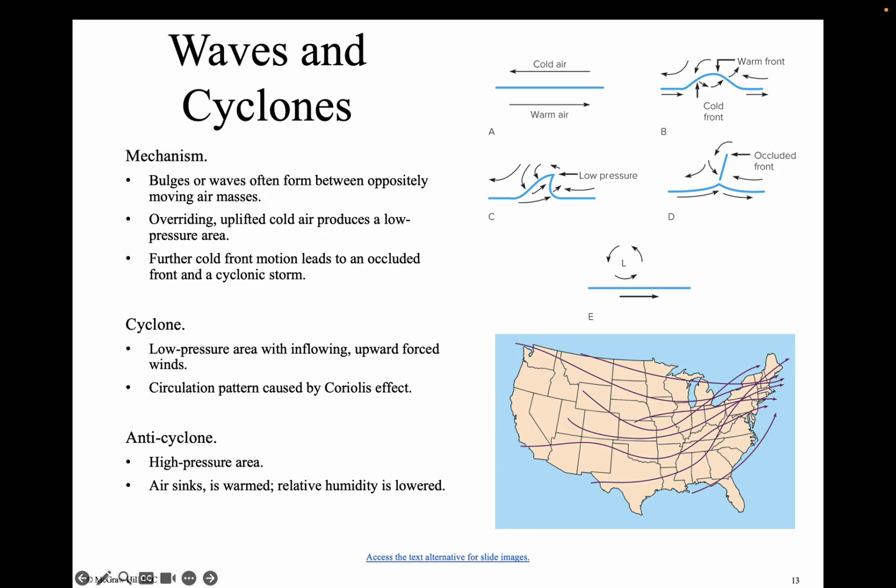So this rising air will cool down, and if the air contains moisture, then clouds will form, which will then lead to the occurrence of rain, storms, or even snow, and that will depend on the temperature of that region.